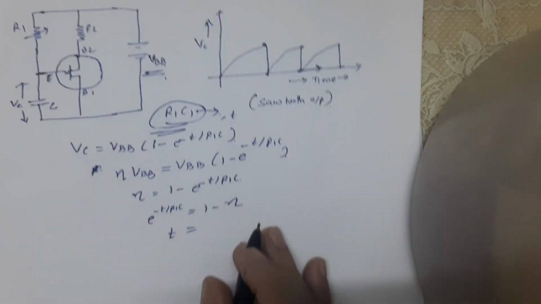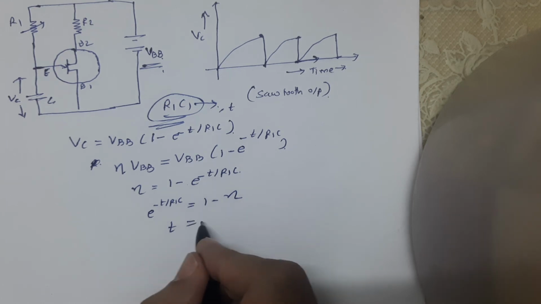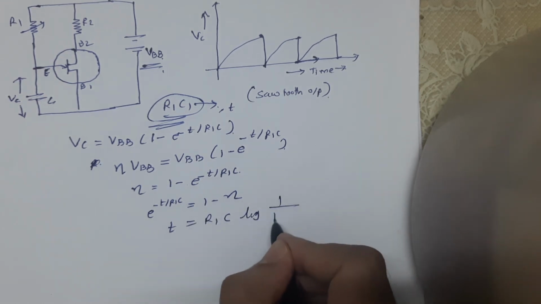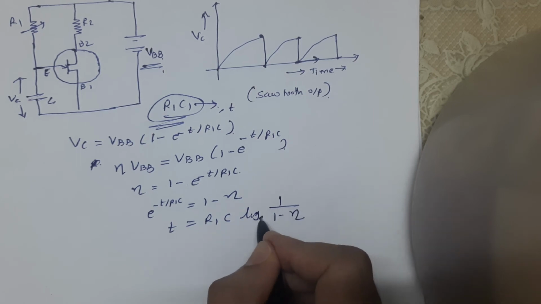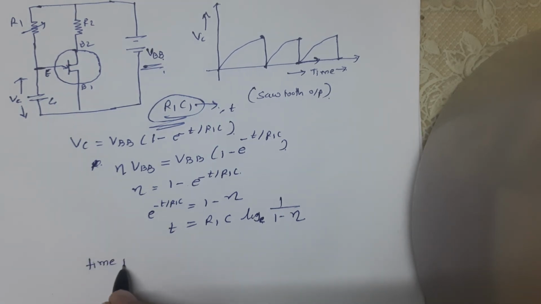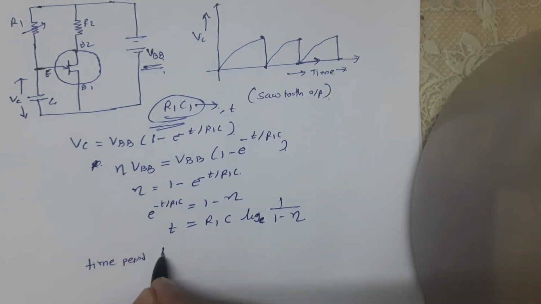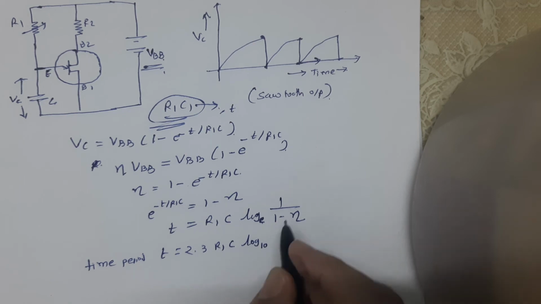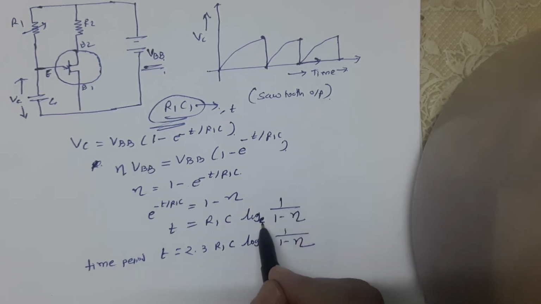Therefore t is equal to R1C log of 1 upon 1 minus eta, base e, and time period T is equal to 2.3 R1C log base 10 of 1 upon 1 minus eta. This is for base e, this is for base 10.